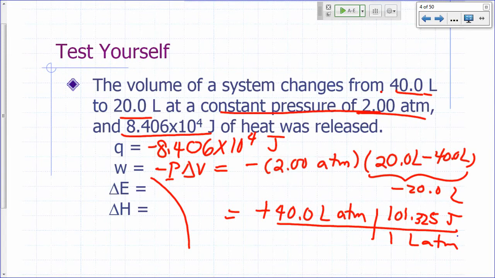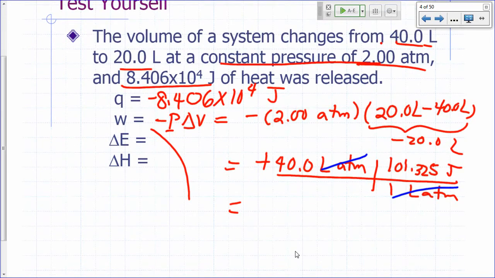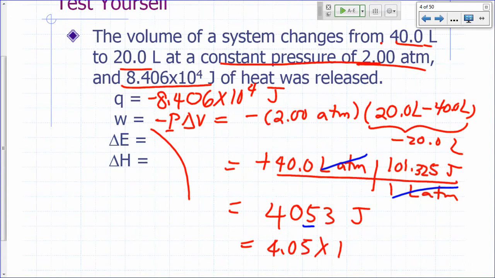So liter atmosphere cancels out. 40 times 101.325 is how much? 4,053 joules. I only have 3 sig figs, right? So 4.05 times 10 to the third joules.